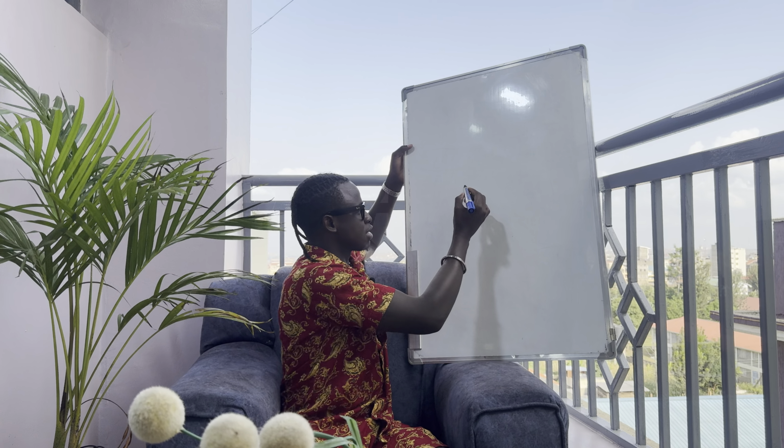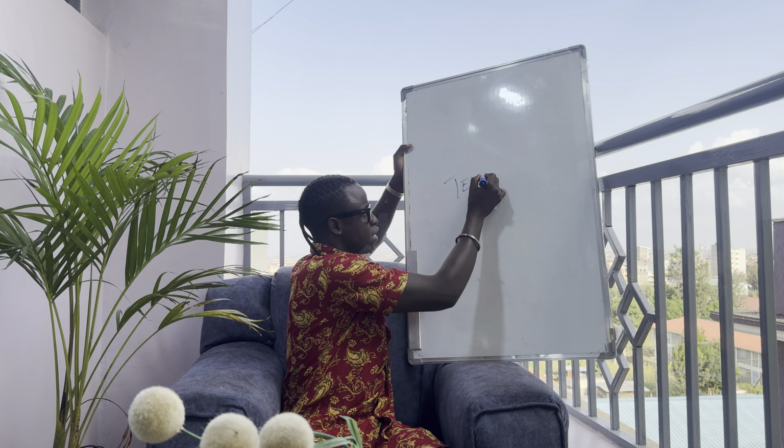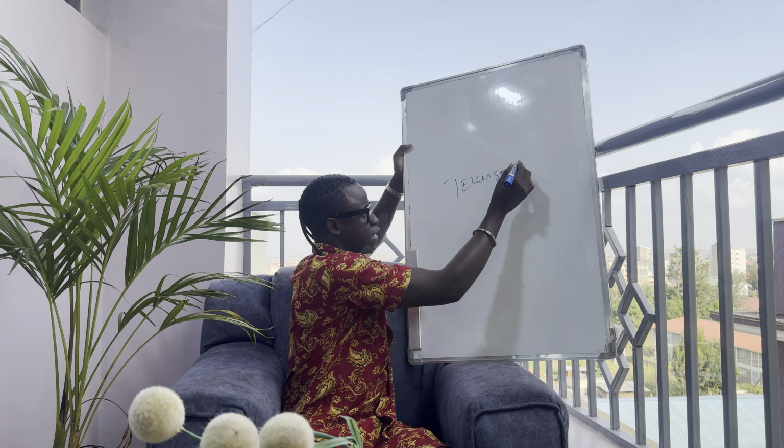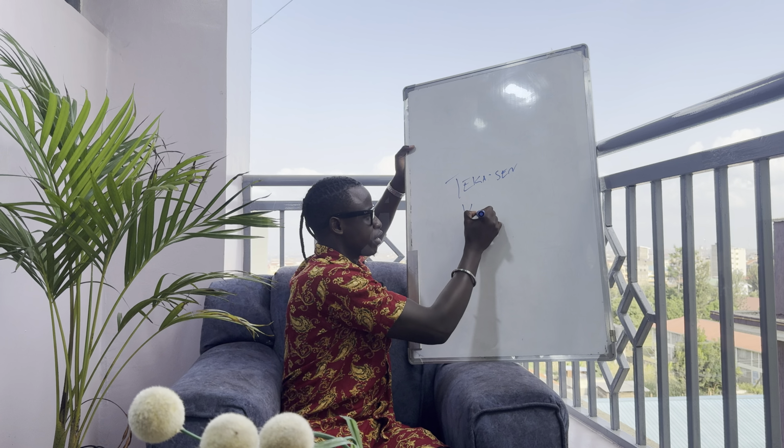Number one component on the Ichimoku cloud, I hope you can see, we have Tenkan-sen. We have Kijun-sen.